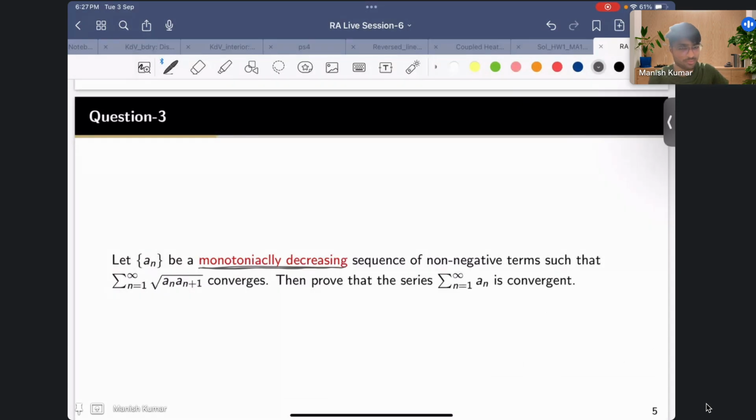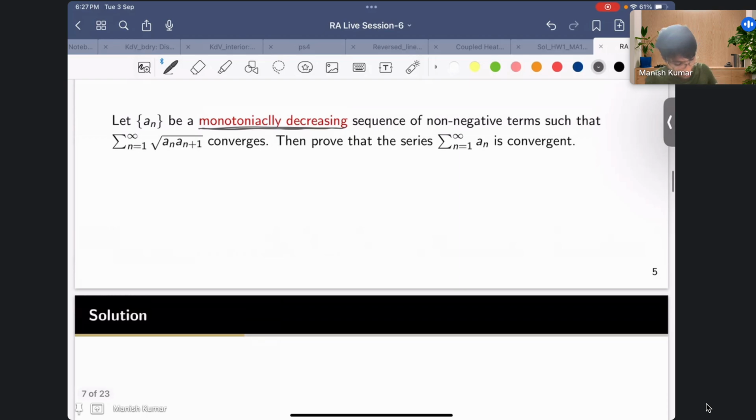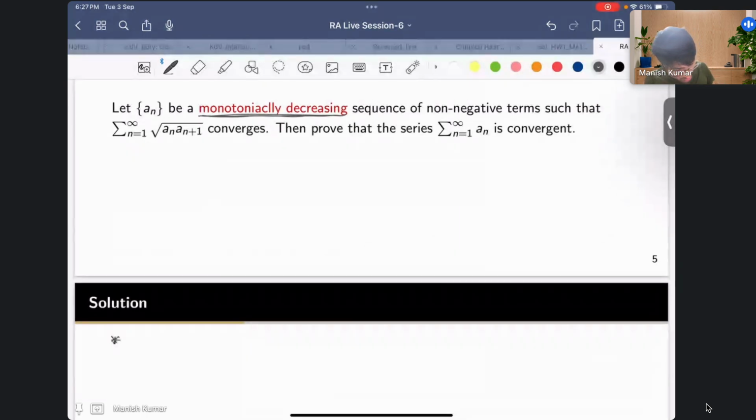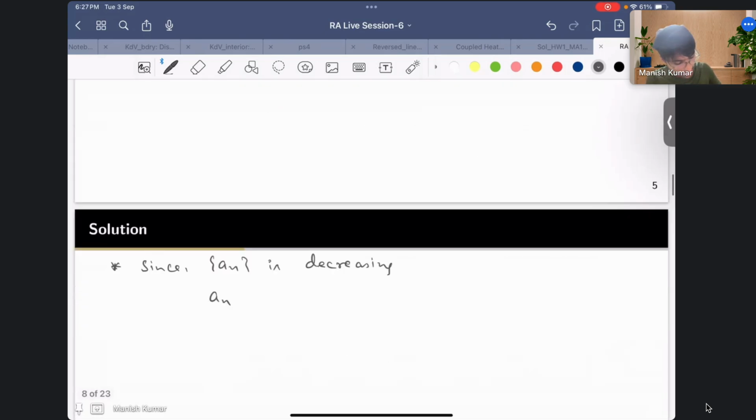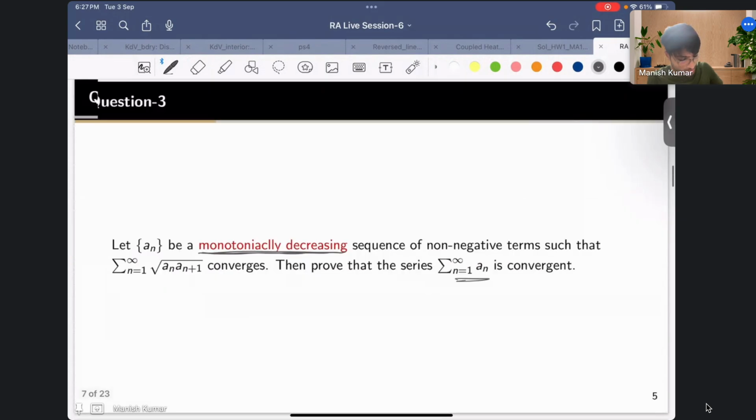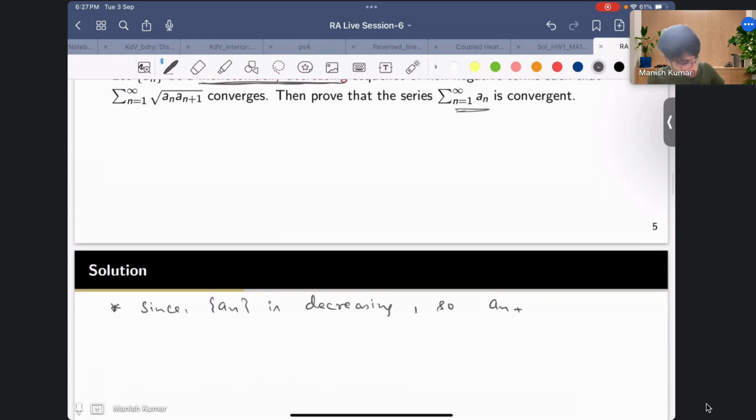The proof I just mentioned, I'll write in one or two lines. Since an is decreasing, and what you have to prove is that the summation is convergent, first, a(n+1) is less than or equal to an for all n, right?